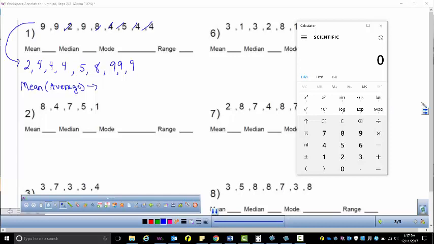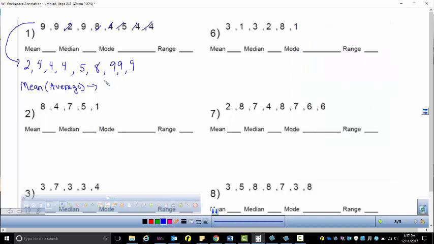So I have 2 plus 4 plus 4 plus 4 plus 5 plus 8 plus 9 plus 9 plus 9. When I do that, I get 54 is the sum, but then I have to divide by the number of terms that I have. So I have 1, 2, 3, 4, 5, 6, 7, 8, 9. So there's 9 numbers. So then the average or the mean is 6.